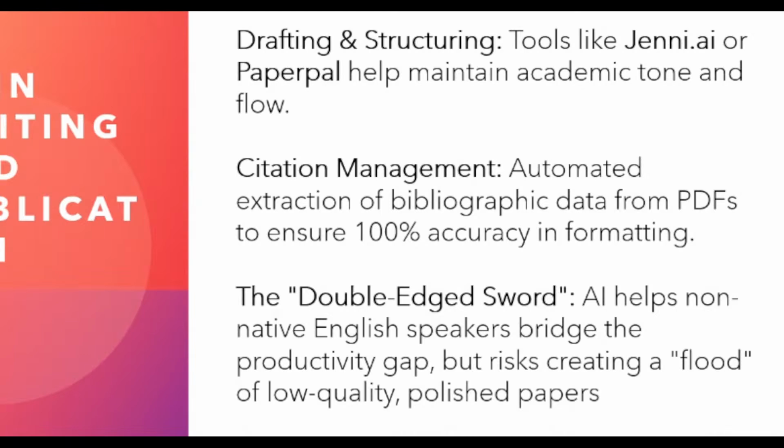GenAI or Paperpal helps maintain academic tone and flow. Here you can manage your drafting and structuring. First, you have to do it manually, and once you draft and structure it, the AI would help you to redraft and restructure. Then, citation management.